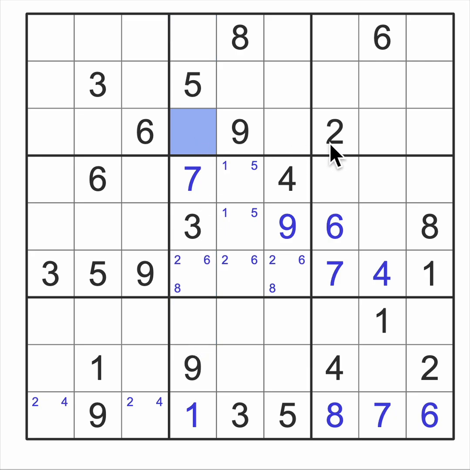So this cell is blocked by 2, 6, 8. So this is actually a naked single. It's blocked by 1, 2, 3, not by 4, 5, 6, 7, 8, 9. So this is actually 4. And now these will be 2, 6, 8. But this cell is blocked by 6 and 8. Gives me 2.